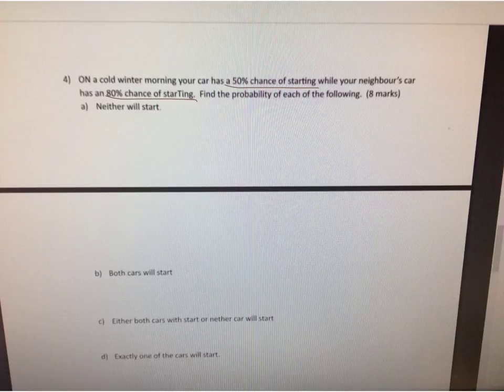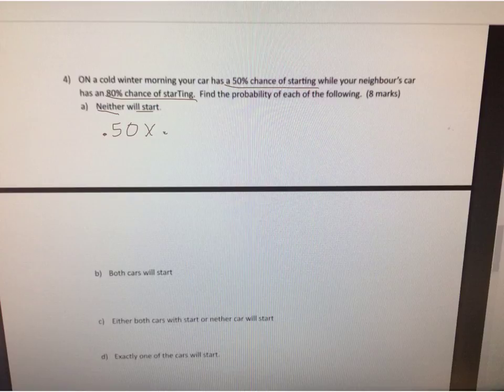So for the first car, we have a 50% chance that it won't start. And when it says neither car will start, what they're saying is neither the first or the second, so both cars won't start. So the first car won't start and the second car won't start.